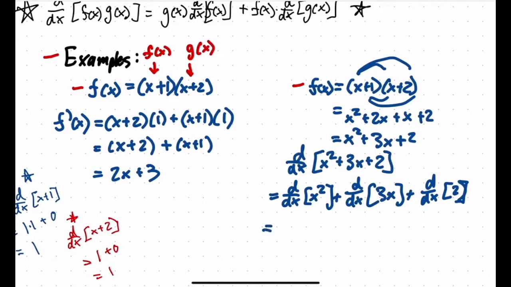And we can use our patterns that we've already talked about. x squared, bring that 2 down, and the power gets subtracted by 1, so it just becomes 2x.